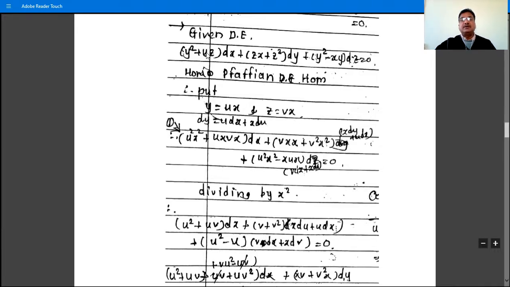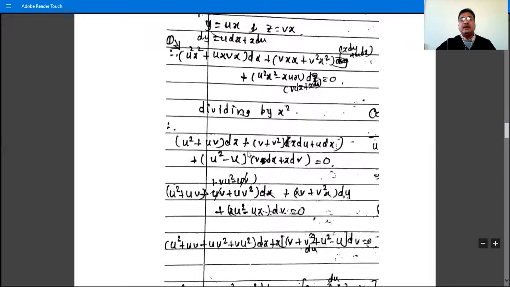So substitute y as ux: u²x², y as ux, z as vx, dx as it is, and then z as vx, x as it is, z² means v²x², dy substituted as u dx + x du, plus y² means u²x², minus x·ux, dz. dz is v dx + x dv, equal to 0.